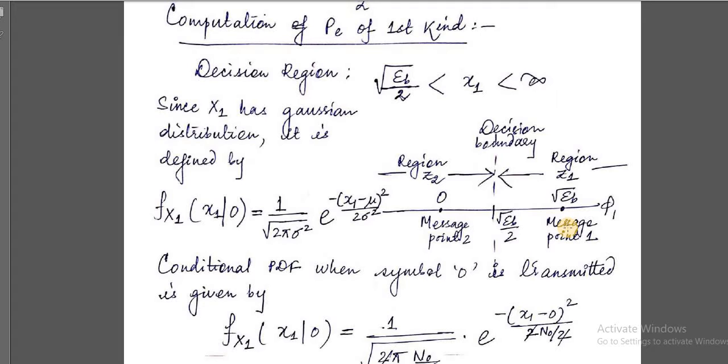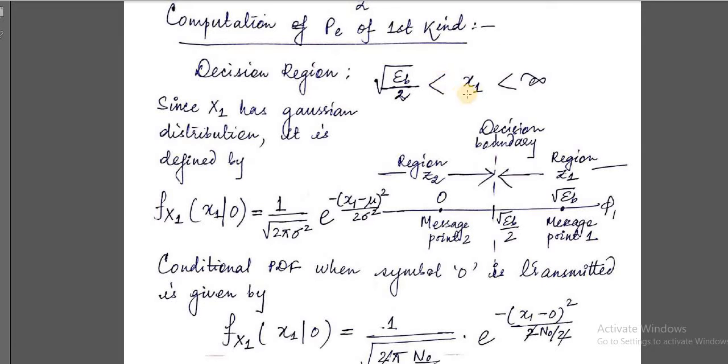So the probability of error is, if you are transmitting 0 and the received signal lies in region Z1, the decision at the receiver is taken in favor of binary 1, which is a wrong decision. Let us compute the expression for the probability of making an error in an ASK technique.